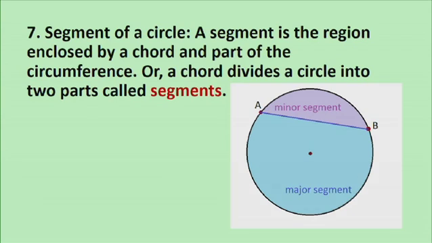The purple region, which is the smaller part, is called the minor segment, whereas the blue region, which is the larger part, is called the major segment. So, what is a segment again? It is a region enclosed by a chord and part of the circumference.